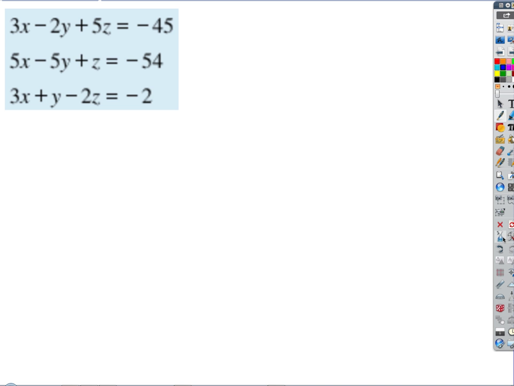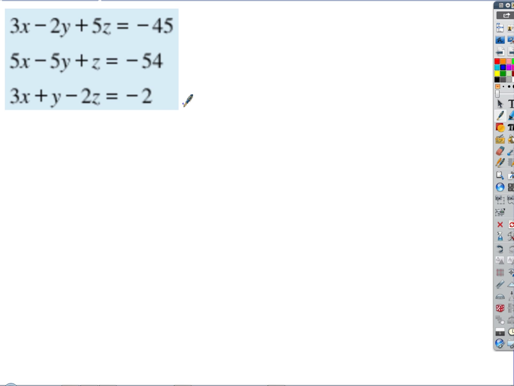Okay, so algebraically, when we're trying to solve a linear system like this, instead of looking for the ordered pair, we're looking for the ordered triple. We're looking for the values of x, y, and z that satisfy each of these 3 equations, that make each of the 3 equations true. Algebraically, it's not a big stretch compared to what we did with a 2 by 2 linear system.